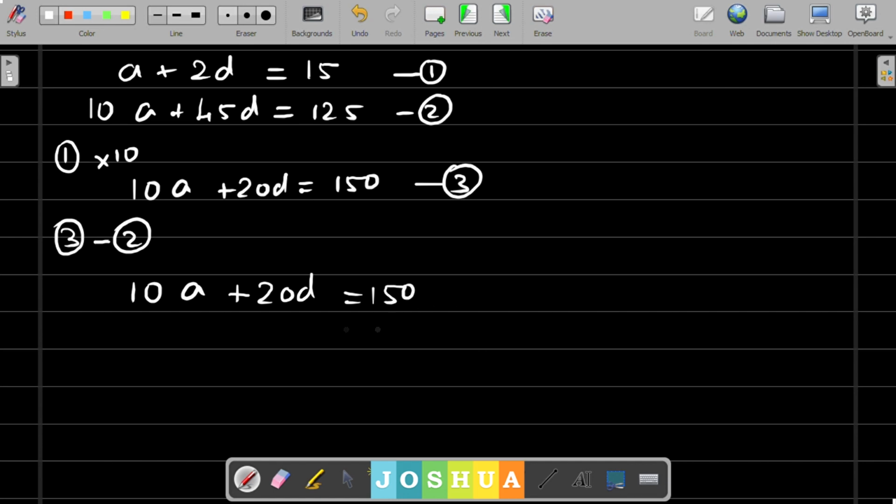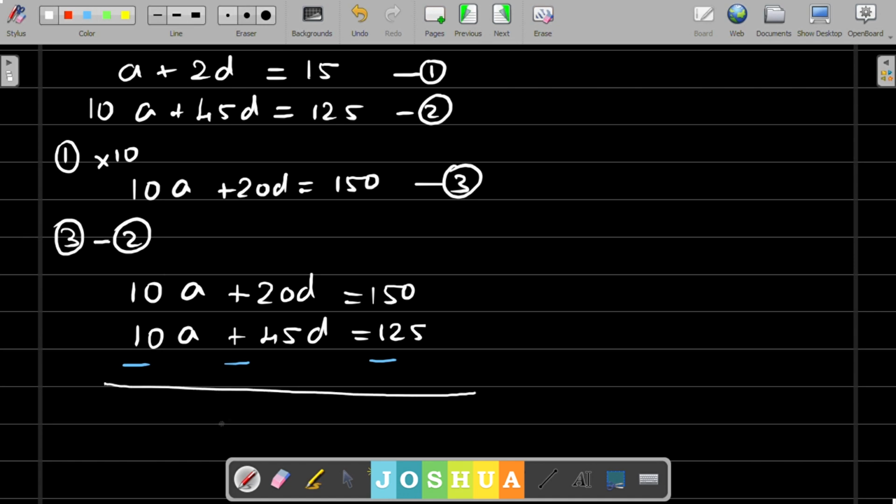Now the second equation is 10a plus 45d equal to 125. So I'm going to subtract in this case. When you go for subtraction, I change the color to differentiate. So 10 minus 10 is 0. 20d minus 45d equals minus 25d. And that is equal to 150 minus 125, which is 25.